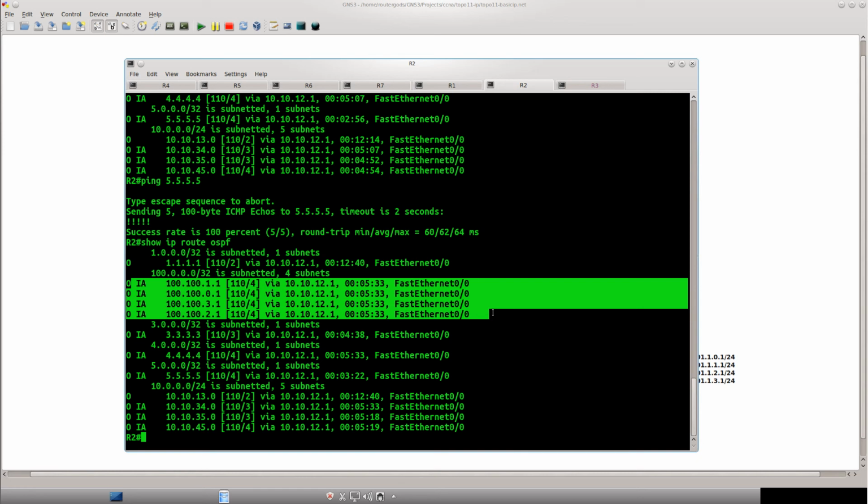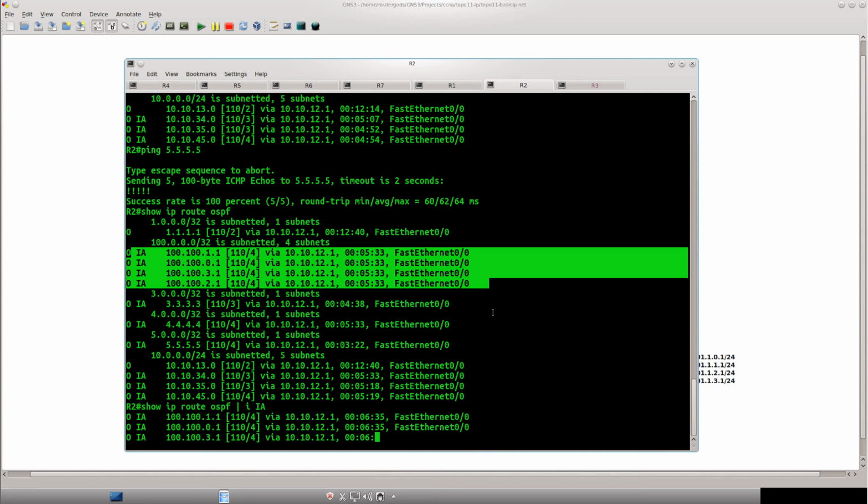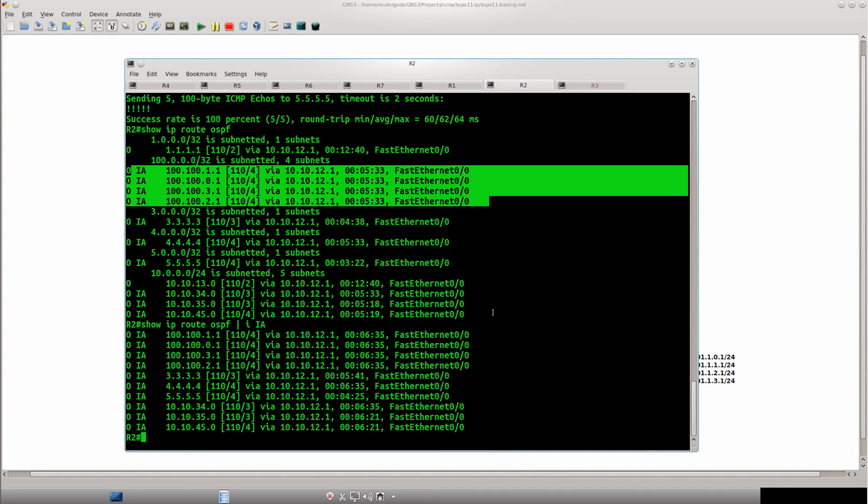Now, if you just want to see the IA routes, what you could do is show IP route OSPF pipe IA. And that's just going to get you that list. So show IP route OSPF pipe IA just cleans everything up.